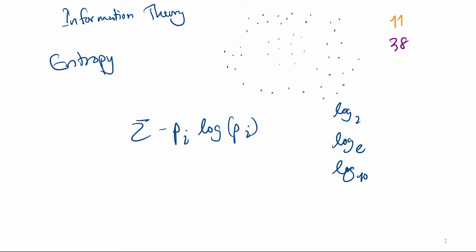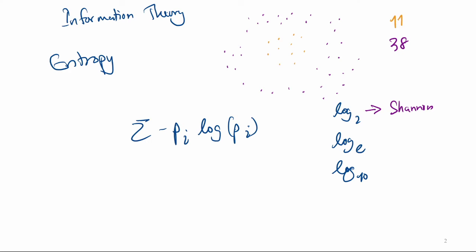Depending on what kind of log you choose, entropy is calculated in different units. I'll just give an overview of that, right? You don't really need to know this. The standard unit of measurement is in log 2. This is called a Shannon.